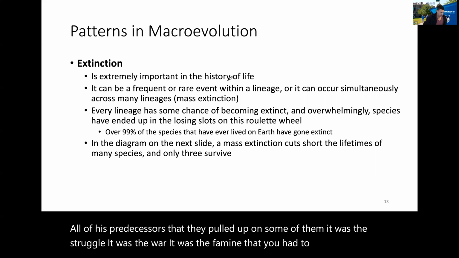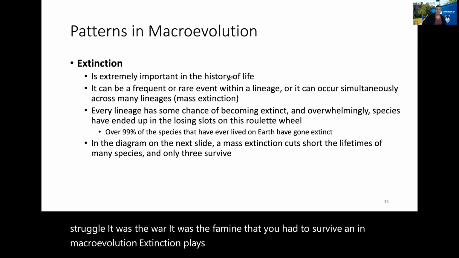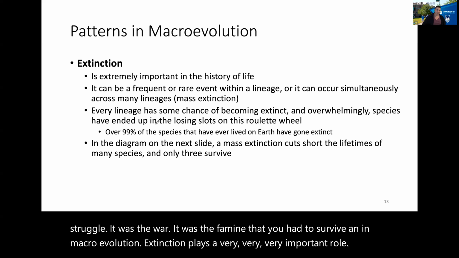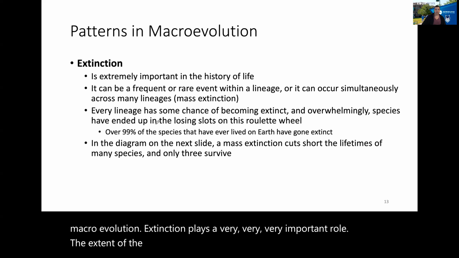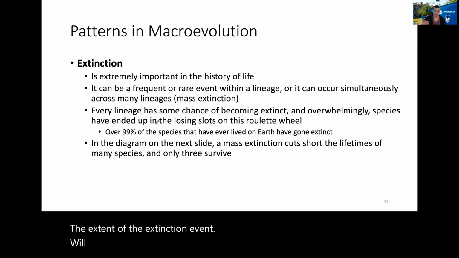And in macroevolution, extinction plays a very, very important role. The extent of the extinction event will dictate the amount of species that end up losing their spot at the table.